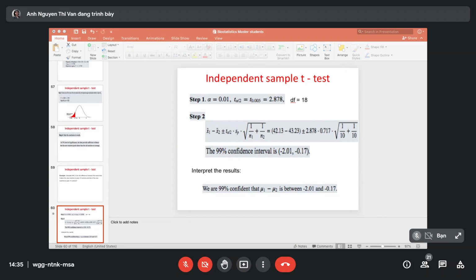So from this interval you can know that mu1 minus mu2 is always less than 0. So the first thing you can know is that mu1 minus mu2 is never 0, so it means mu1 is not the same as mu2. So mu1 is different from mu2.